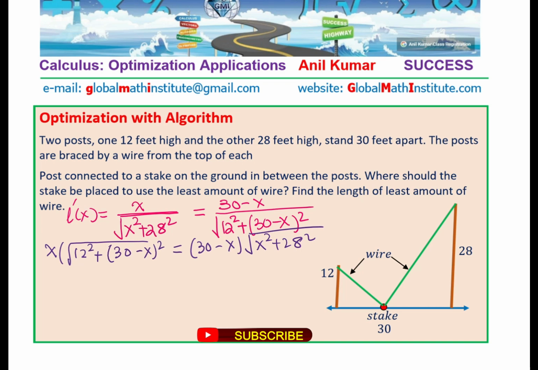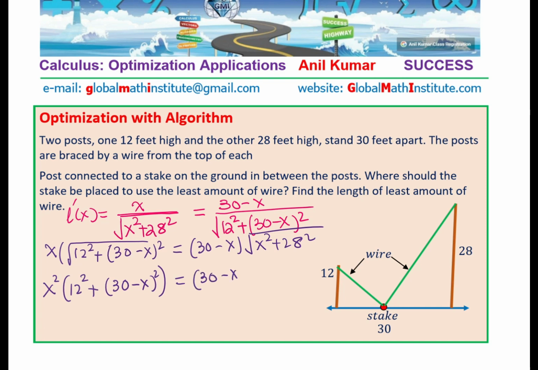Now we can square both sides. So once we square both sides, we get x square times 12 square plus 30 minus x whole square equals to 30 minus x whole square times x square plus 28 square. Clear? So we just squared both sides to get rid of the square root.